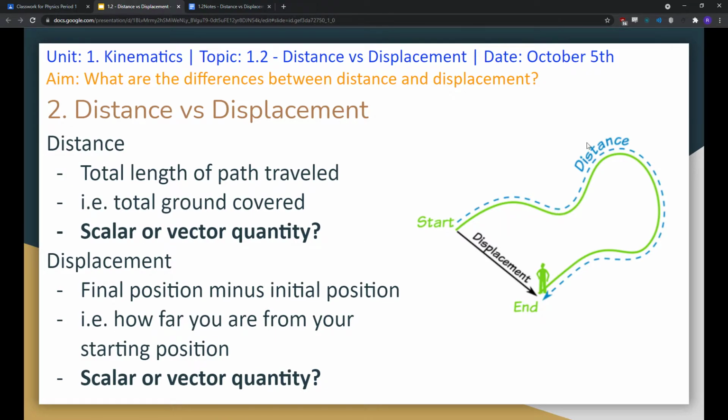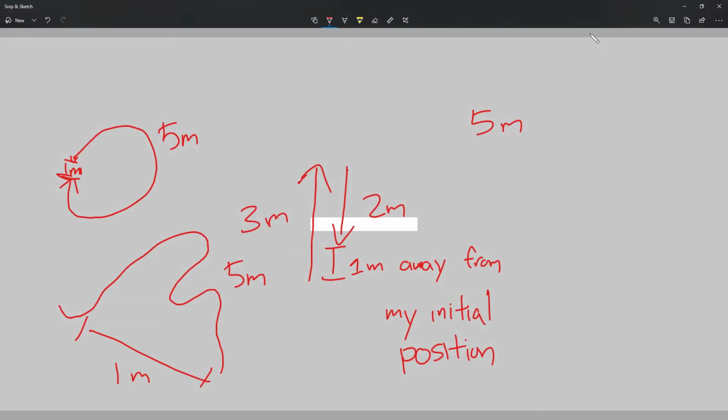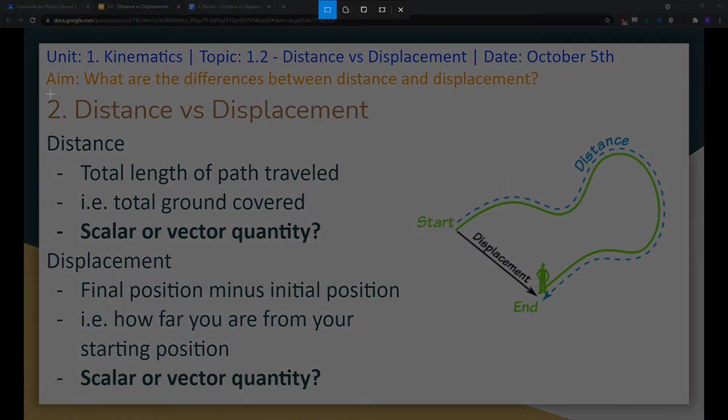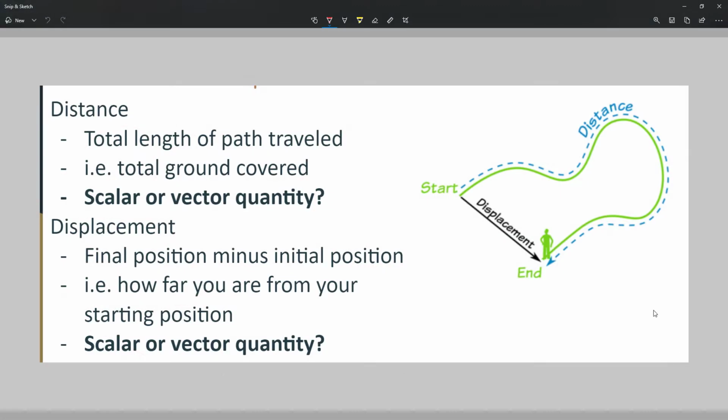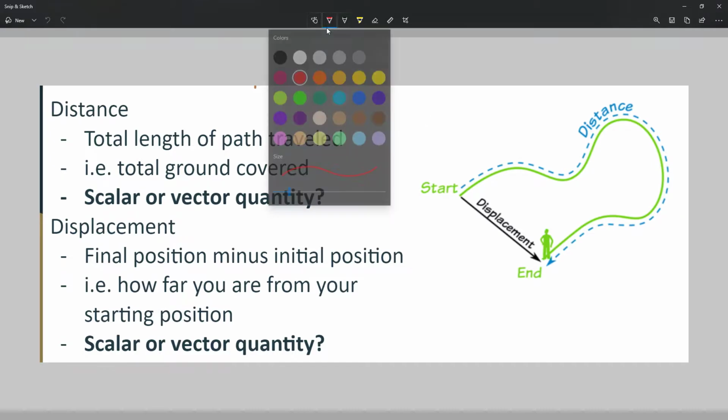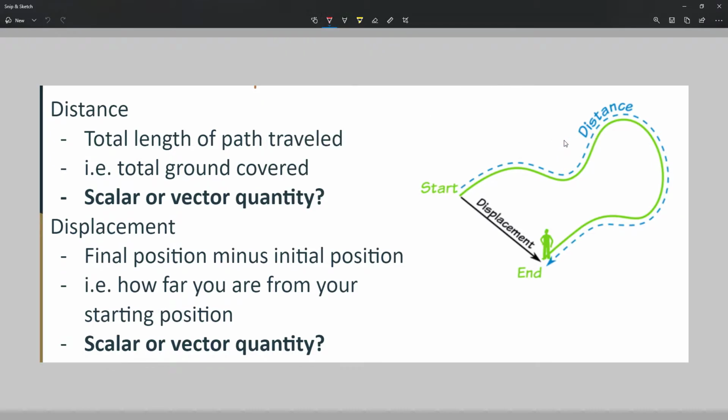You can see it on the image here. This image right here clearly tells you the difference between distance and displacement.